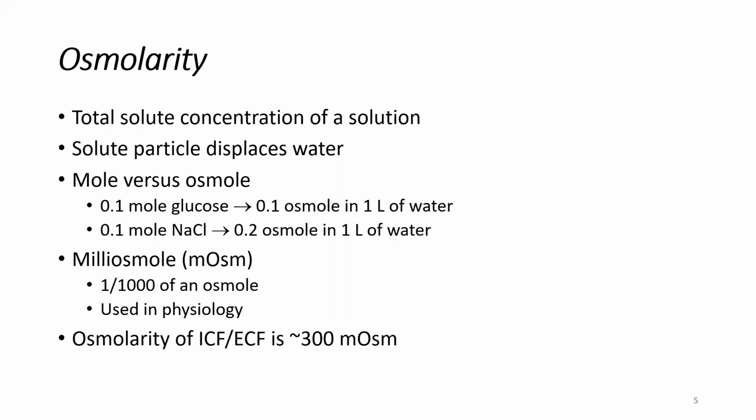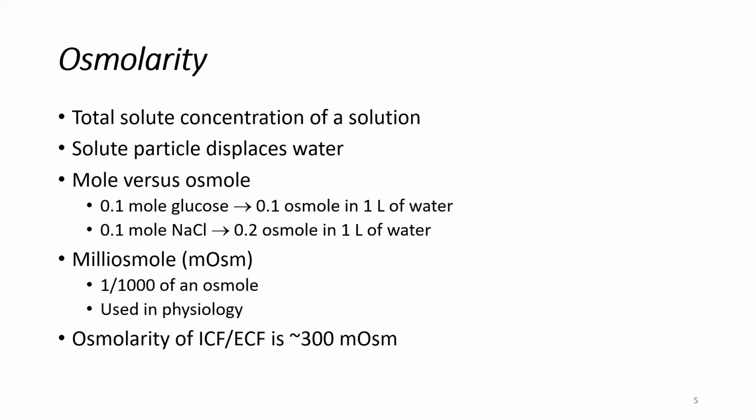In our physiology, we usually talk about a fraction of a mole. So we talk about the milliosmole, just because our osmolarity is really just a fraction of 1 mole. And so we usually use the milliosmole to represent the overall osmolarity of our physiologic solutions, our body solutions, our plasma, and so on.